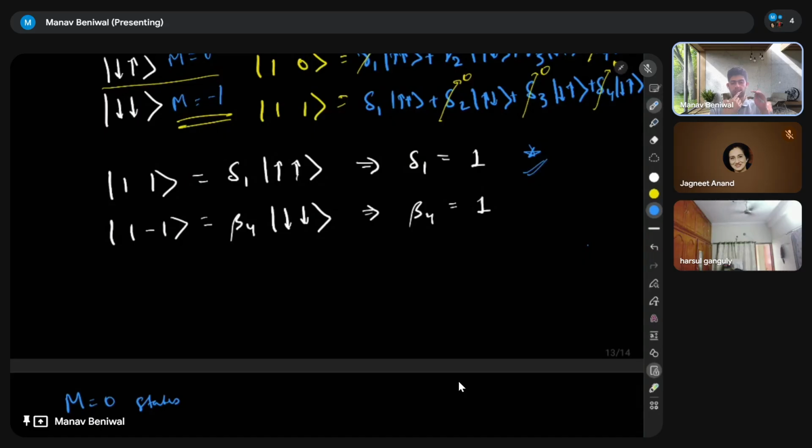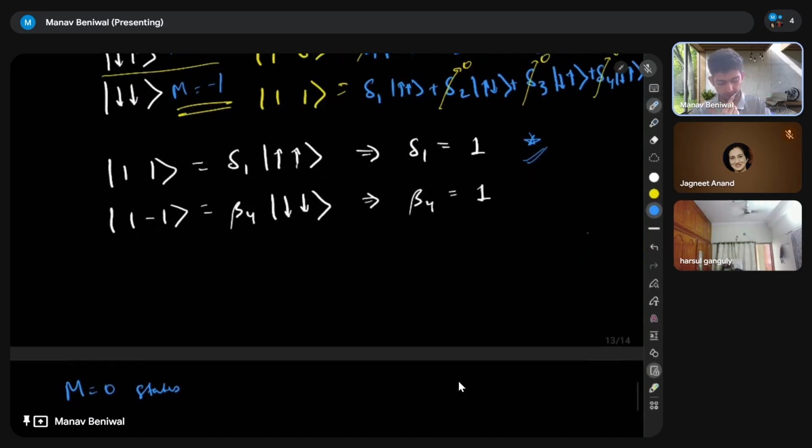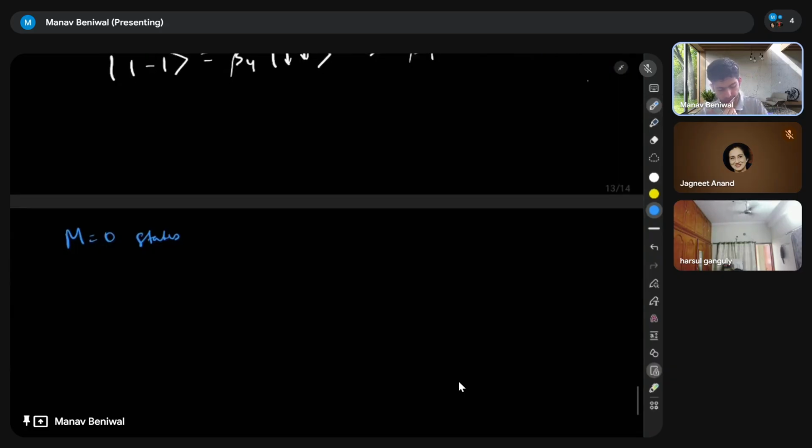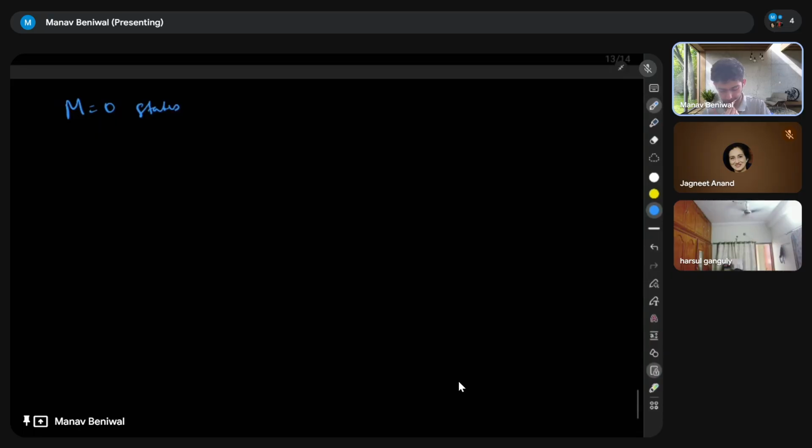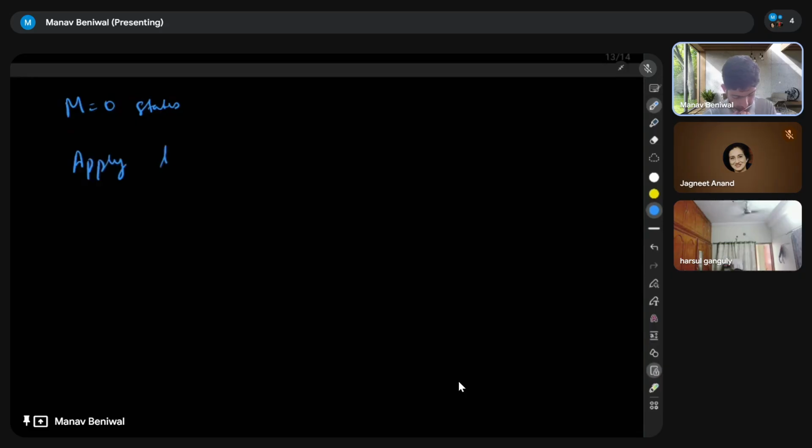Now what we can do to find out the subsequent Clebsch-Gordan coefficients is apply the lowering operator on both sides.